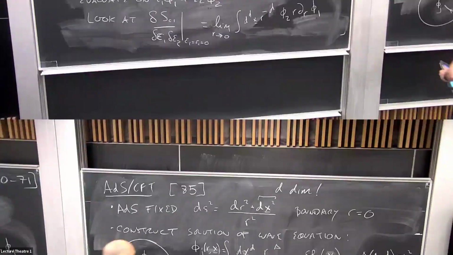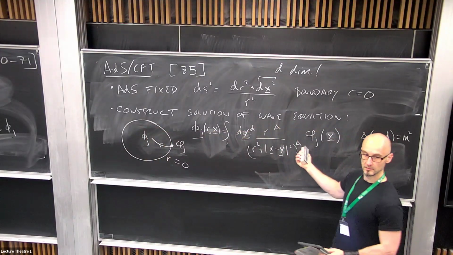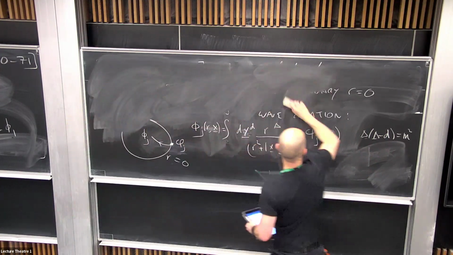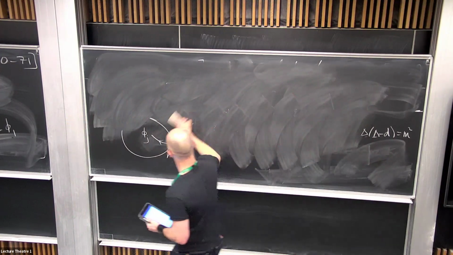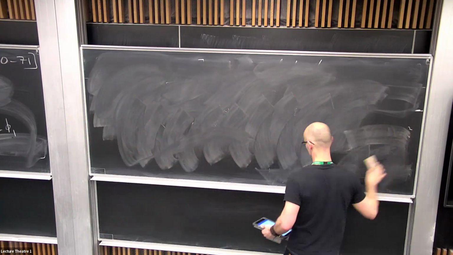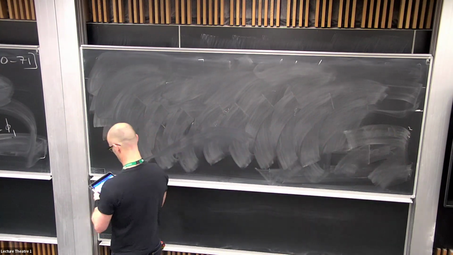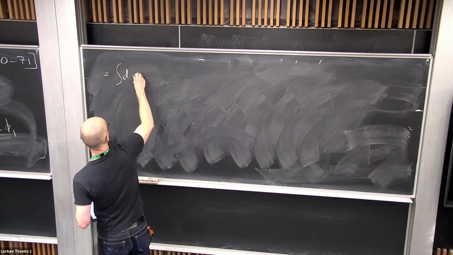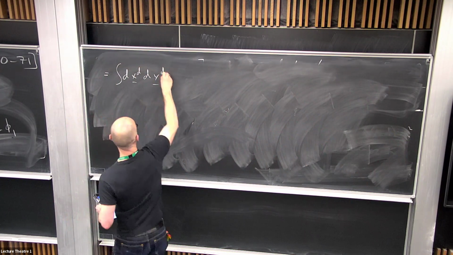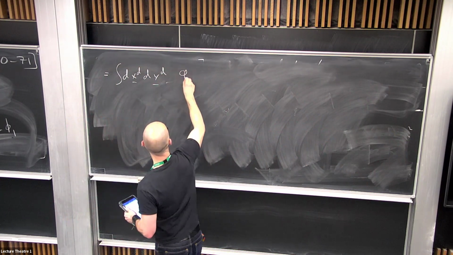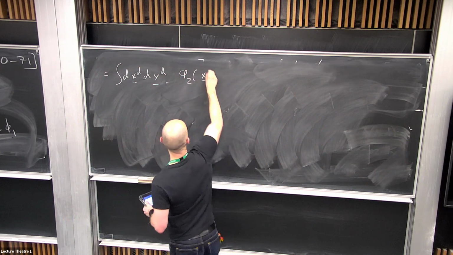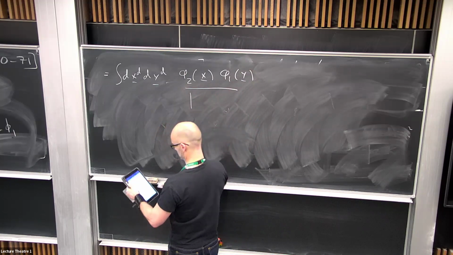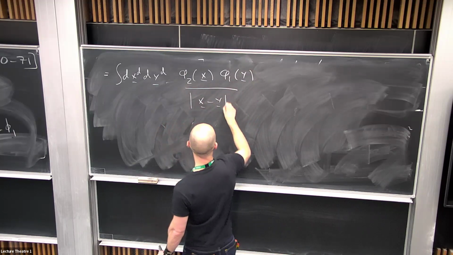Turn the handle, and what pops out is two integrals over x and y, and then phi 2 of x, phi 1 of y, boom, x minus y.